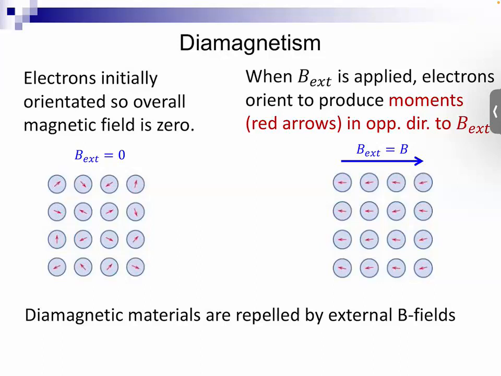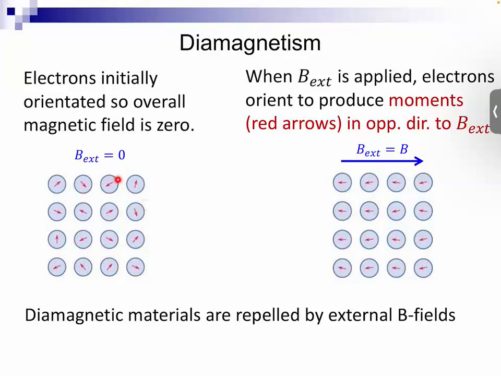So for a diamagnetic material, initially you have electrons that are spinning so that their spins are oriented randomly, without an external magnetic field.